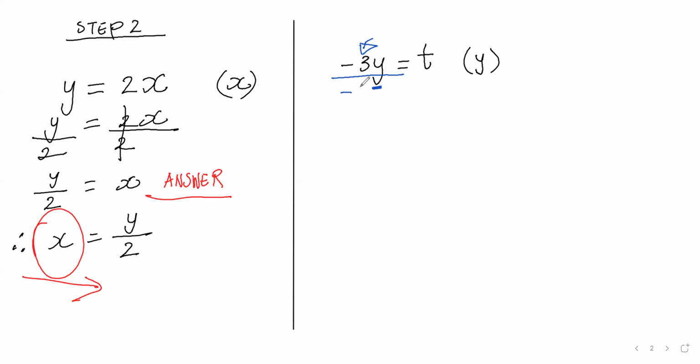So it's -3. Whatever I do on one side, I do on the next side. So now the negative signs will cancel, the 3's will cancel. So y is equal to t over -3. That's the answer. y is equal to t over -3.